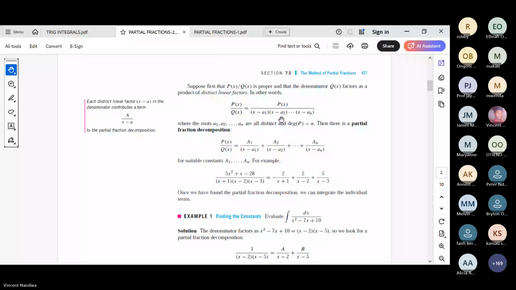Okay? Yes. So then now, when you fix x to be -1, what is the value on the left-hand side? So 5 times -1 squared plus -1 minus 28 will give you?